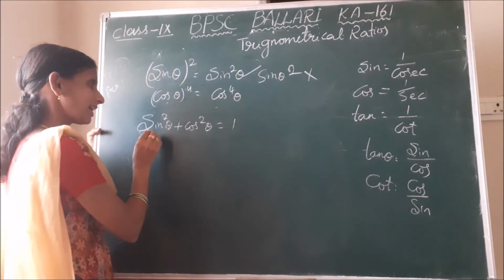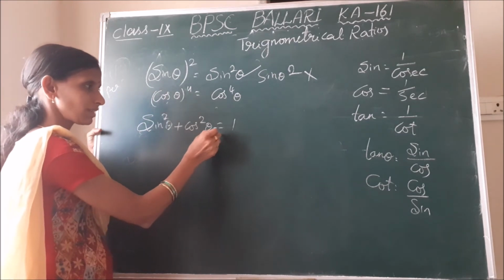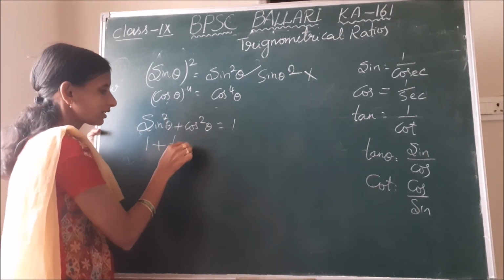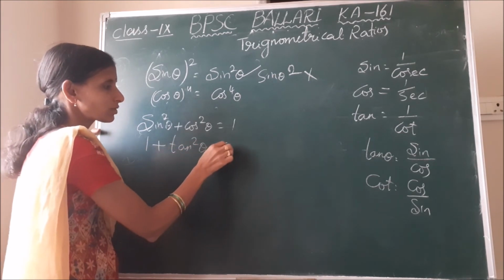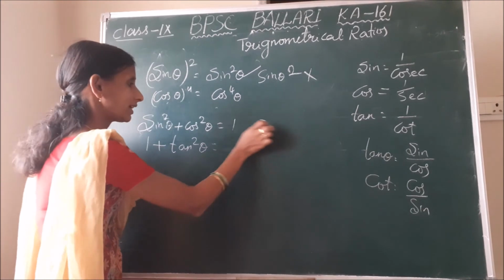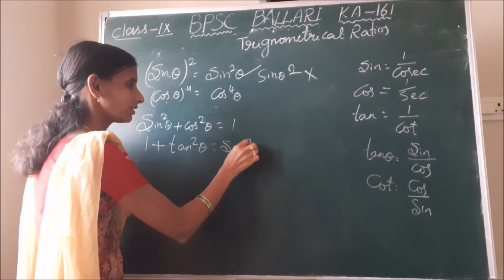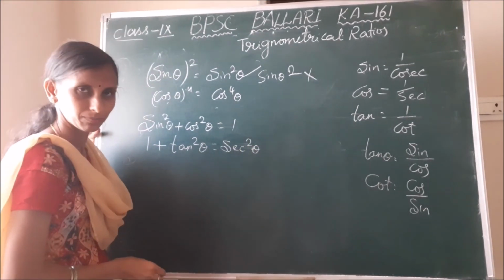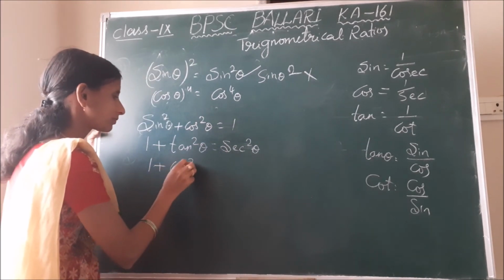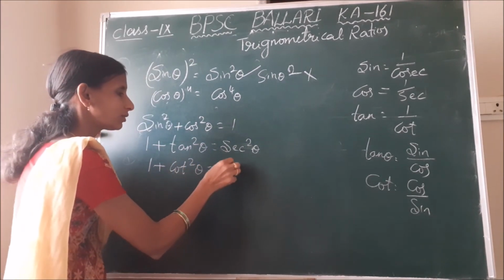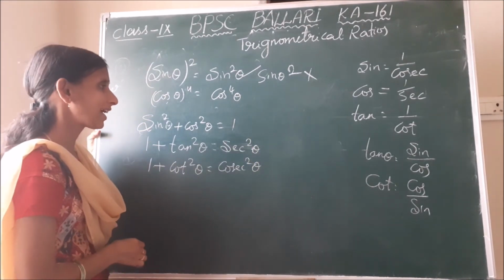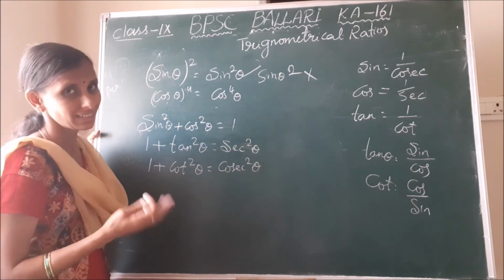Next, 1 plus tan square theta is equal to secant square theta. Next, 1 plus cot square theta is equal to cosecant square theta. These are the square relations in the trigonometrical ratios.